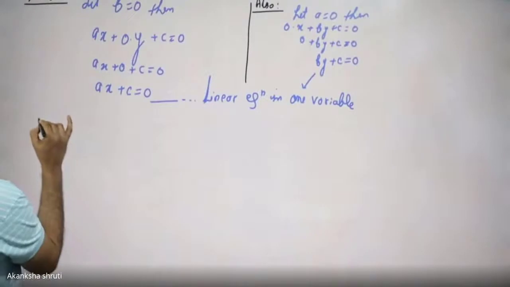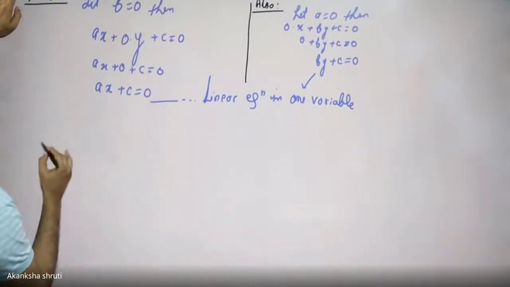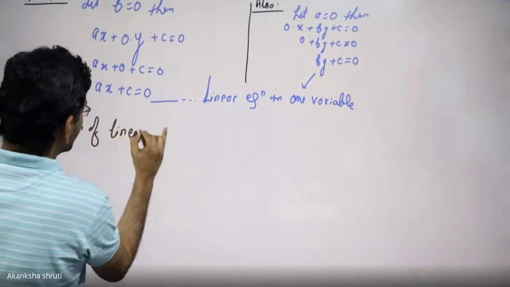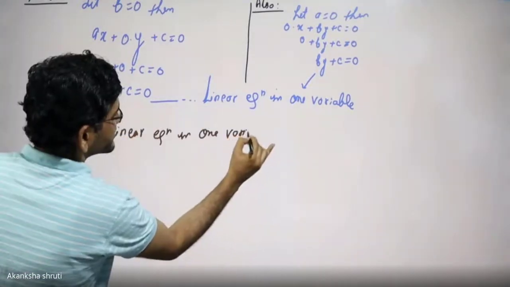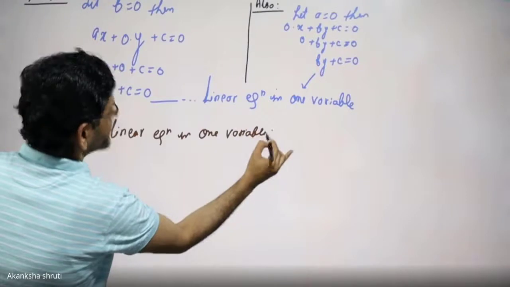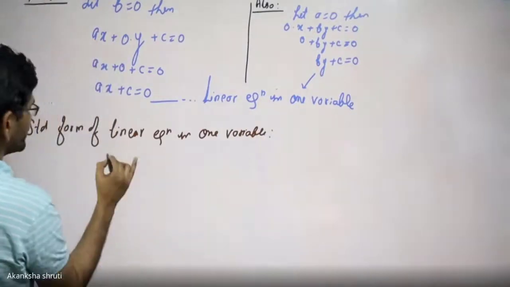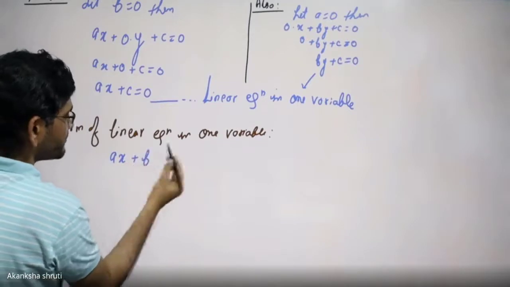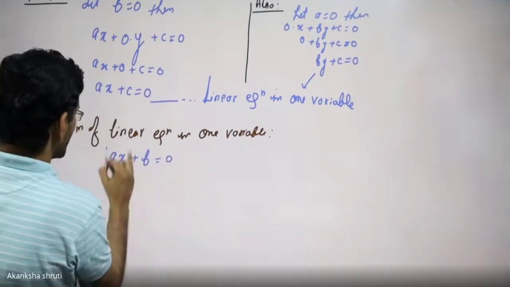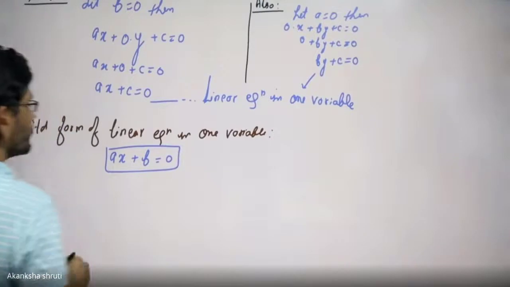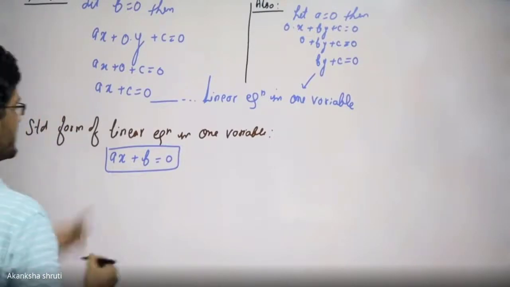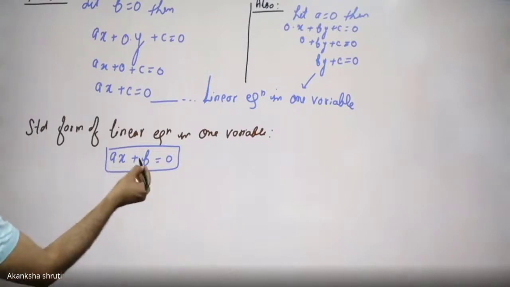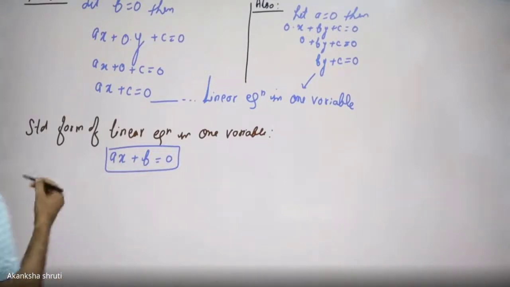We may write one thing more: a standard form of linear equation in one variable. If it is just in one variable we want to take, we shall take ax plus the constant b is equal to 0. No need to connect it with by plus c. Means only one variable with another constant. Here a and b are representing real numbers, and x is the variable.